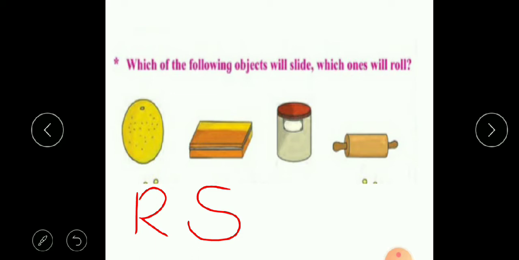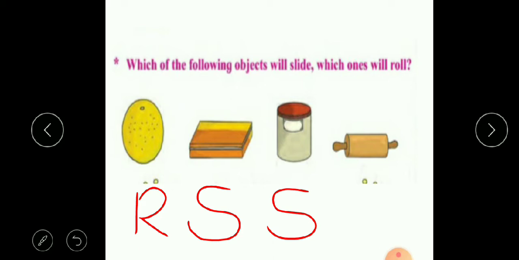The third figure, it is cylinder, but it is placed vertically, means flat base is there and flat object will slide. So, this will slide. And see this last figure, this is also a cylinder, but here the curved surface is there.